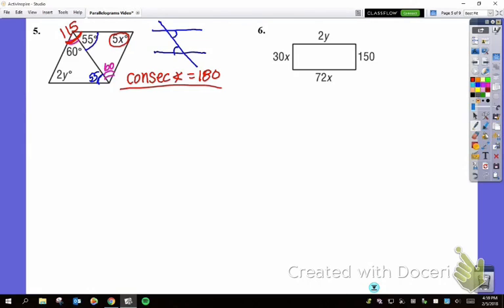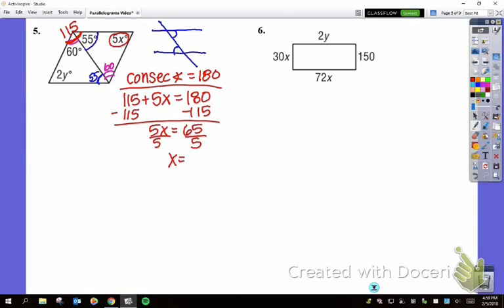And we could say that 115 plus 5x equals 180. So then we subtract 115, and we know that 5x equals 65. Divide by 5, and x equals 13.